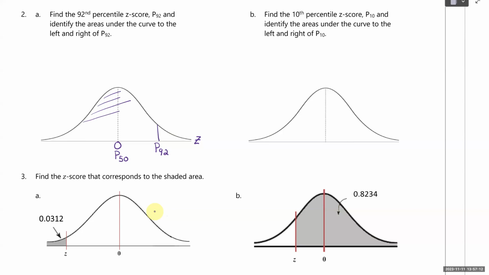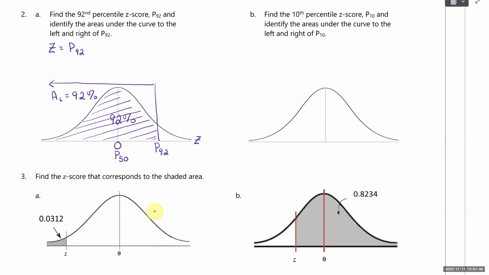And the definition of the 92nd percentile is that 92% of data is to the left of it. So that graph is the definition of the 92nd percentile. So if we want to find that z-score that represents the 92nd percentile, we just inverse norm that 92% written in decimal.